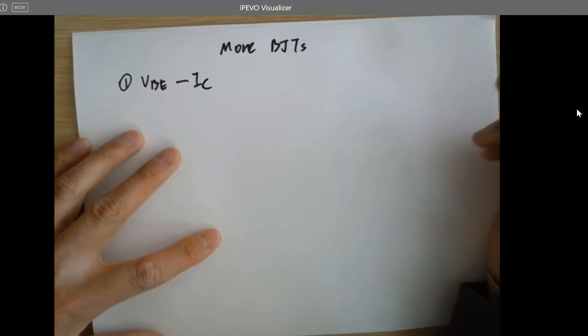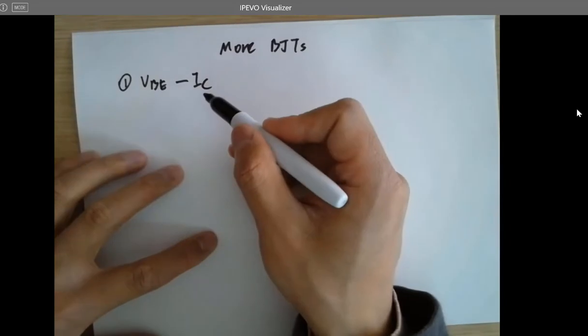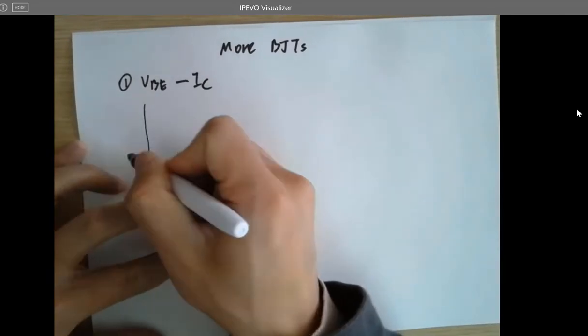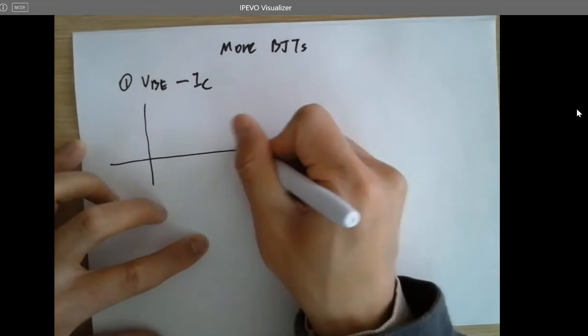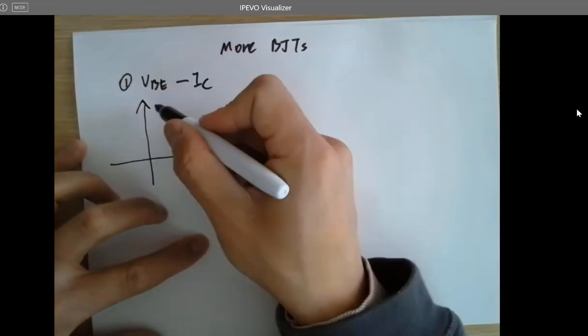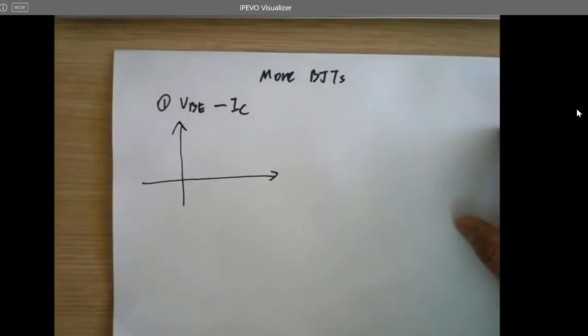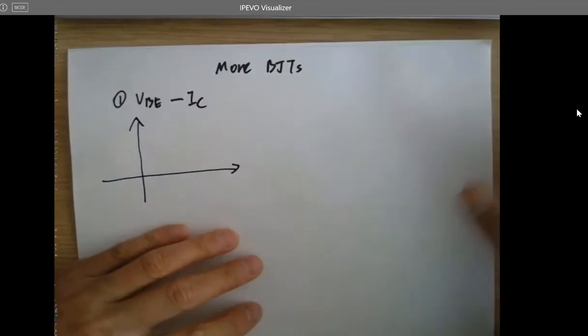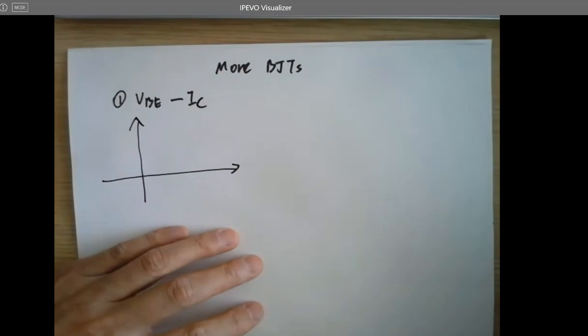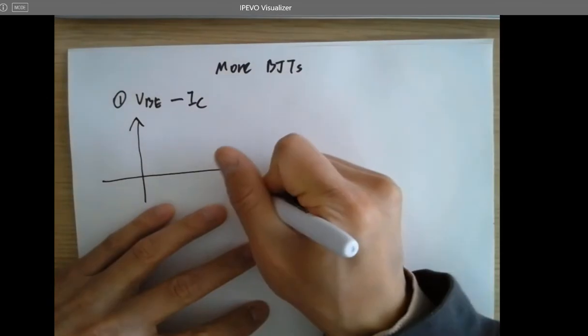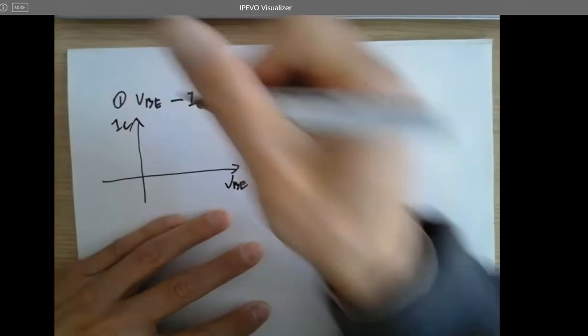ID is the drain current. Here it's the collector current. And the IV curve looks like this. What's the X-axis? What's the Y-axis here? In an IV curve, normally Y is current, right? So X is VBE and Y is IC.